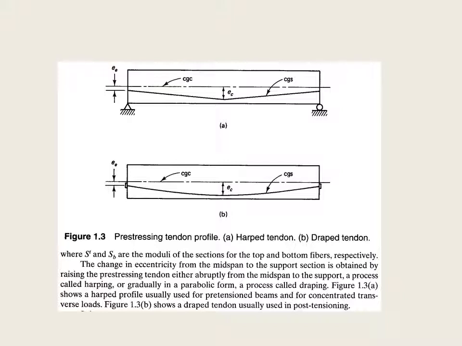It simply means that the pre-stressing tendon will cause a moment that will counteract the moment caused by the loading. Since the basic principle for this simple beam is that the maximum moment is at the midspan, the maximum moment of pre-stressing will be obtained if we put the highest eccentricity at the midspan. Easy.